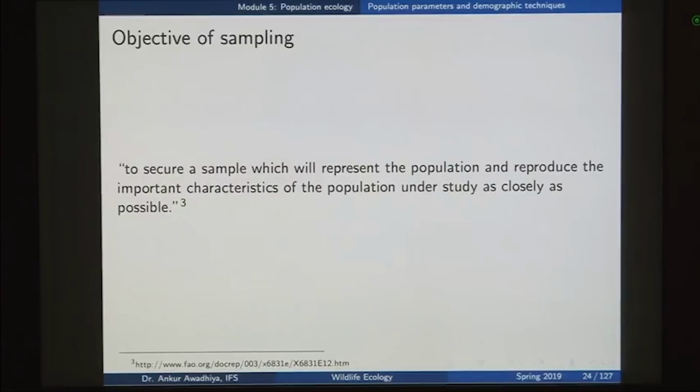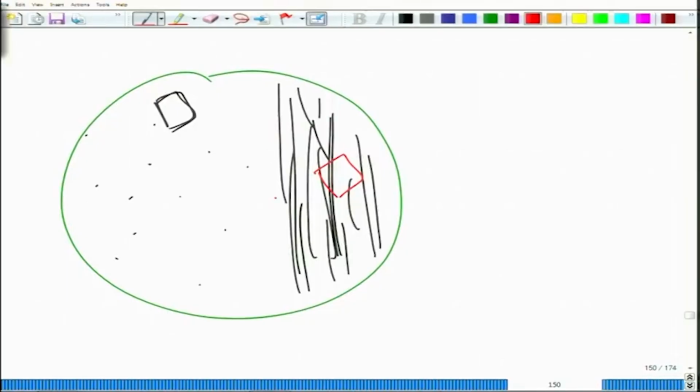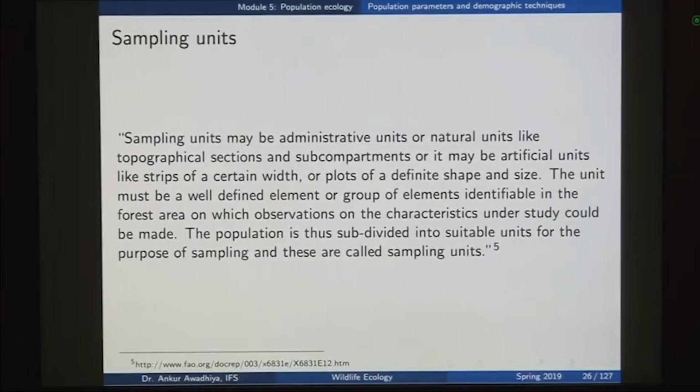So, in this case, what you should do is, if you have this information ab initio that this much area, say 40% of the area, is having a high population density, then you will take samples in a way that 60% of your samples fall in this area and 40% of your samples fall in this area, so that it becomes representative of the whole population. Next, we have sampling units.